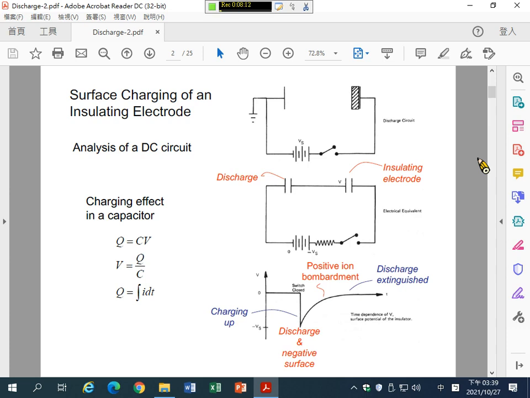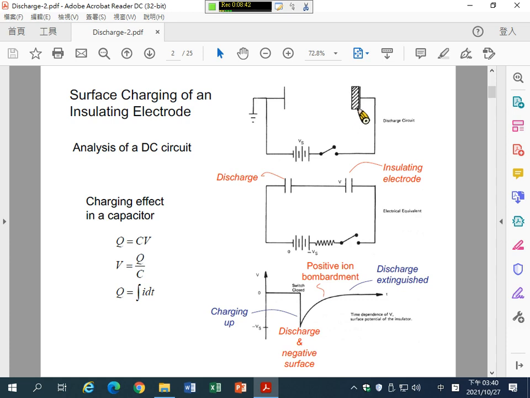So electron current keeps flowing to the backside of the metallic electrode. And at this side, right next to the metallic electrode, the insulator surface will charge up positively.